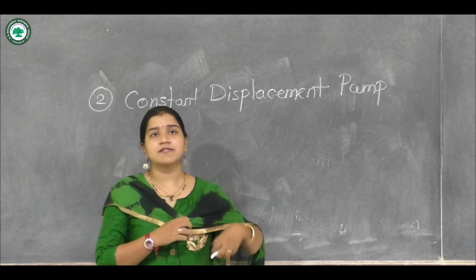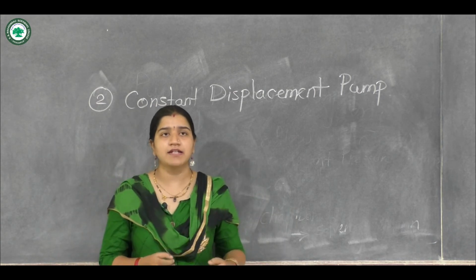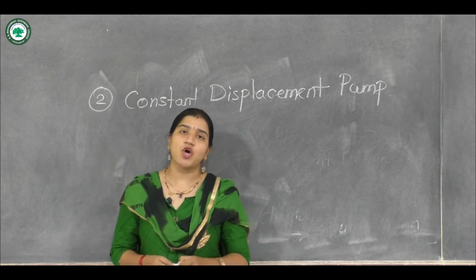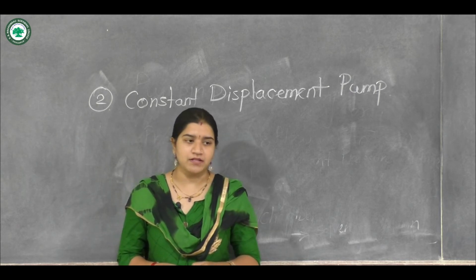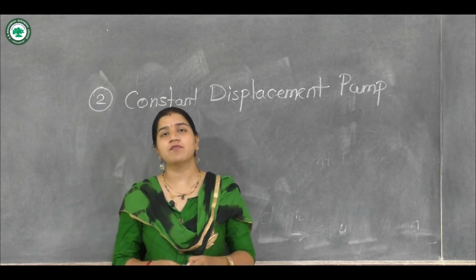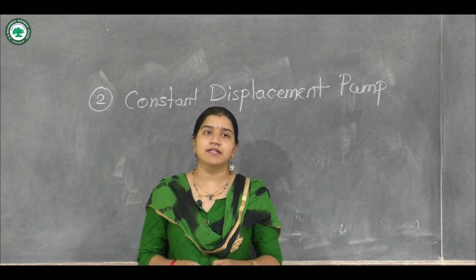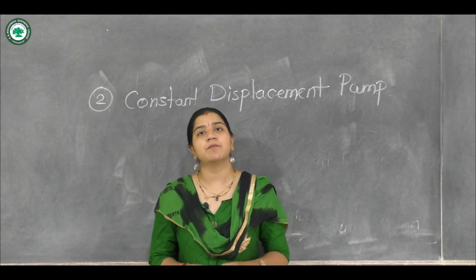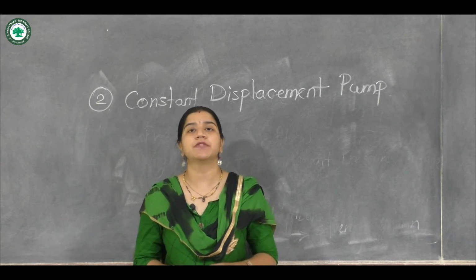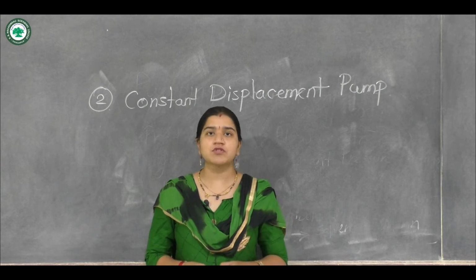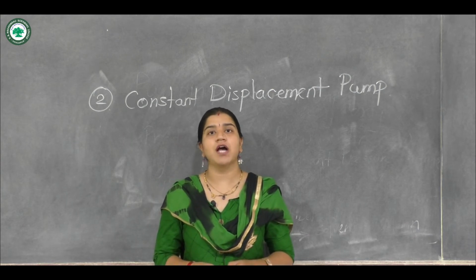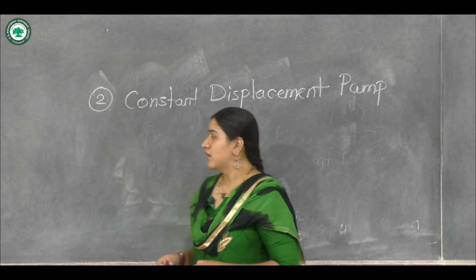Constant displacement pump is the second type of pump which is normally used in HPLC. If you compare all the 5 types of pump, then constant pressure pump and constant displacement pump are the two types most widely used as compared to the other types of pumps.